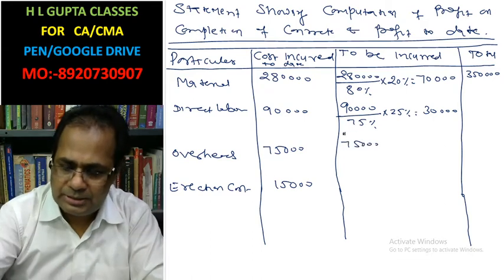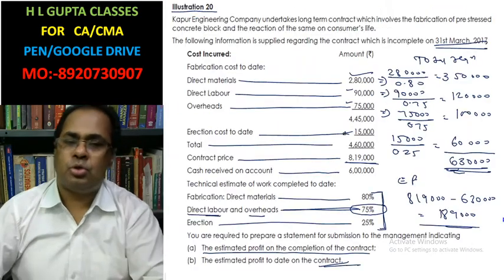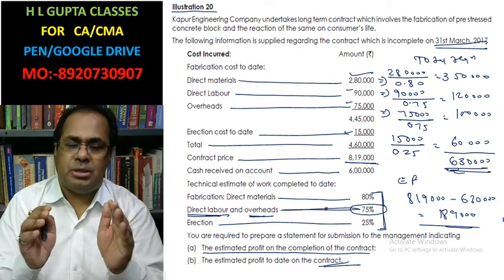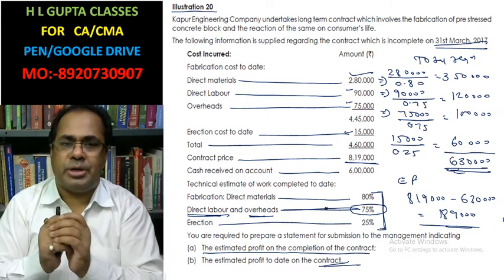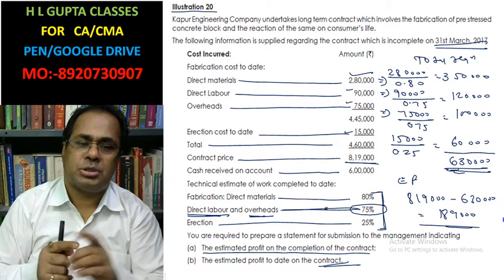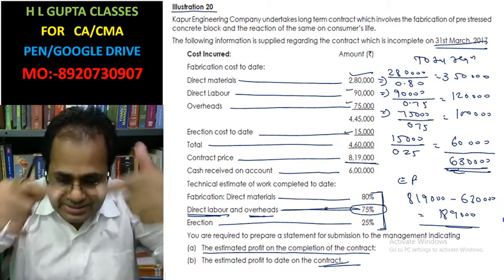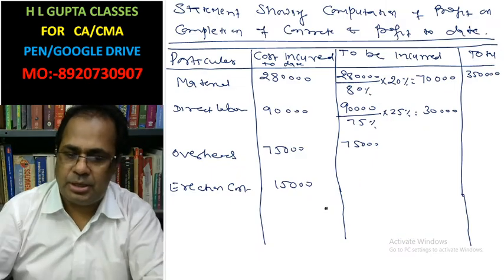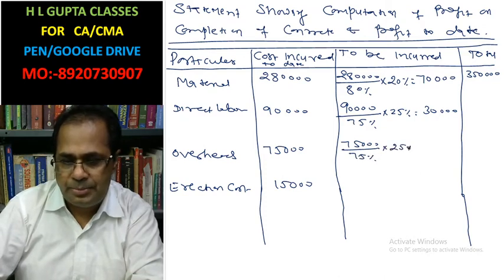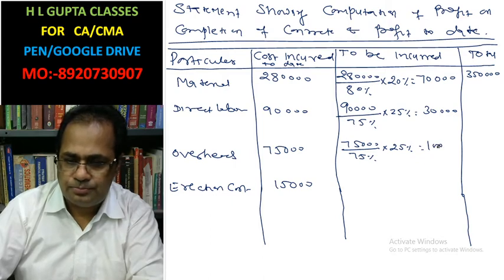Now the overhead of 75,000 is 75% of the total overhead, as direct labor and overheads are both at 75%. The remaining 25% is still estimated to be incurred, so the total is 1 lakh and the remaining is 25,000.